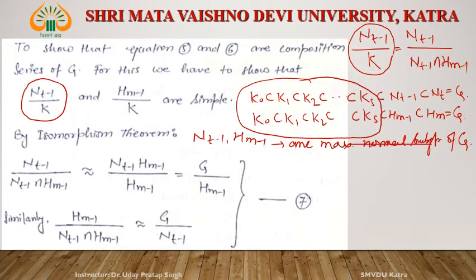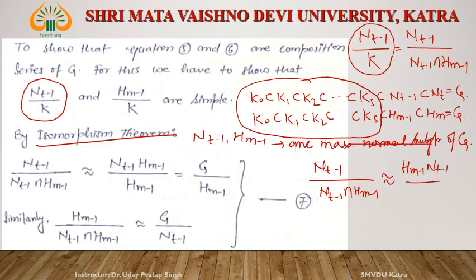Okay. Then by the second isomorphism theorem, Nt-1 intersection Hm-1 is isomorphic to Hm-1 into Nt-1 by Hm-1. But what is this?